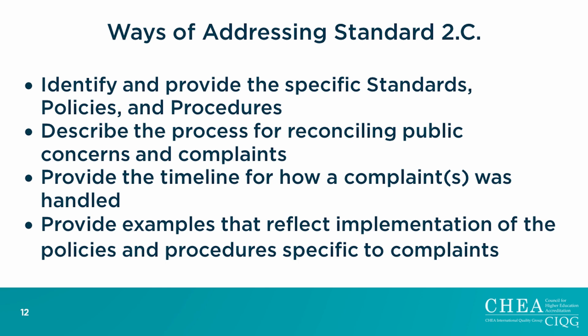The narrative may further identify where the concerned complaint policies or procedures may be found, that is, on the website, in a policy or procedures manual, and how a member of the public would find this information. If complaints or concerns have been raised, examples that reflect the accrediting organization's implementation of the policies and procedures specific to complaints or concerns should be included, as well as clear identification of the timeline for processing the complaints or concerns.